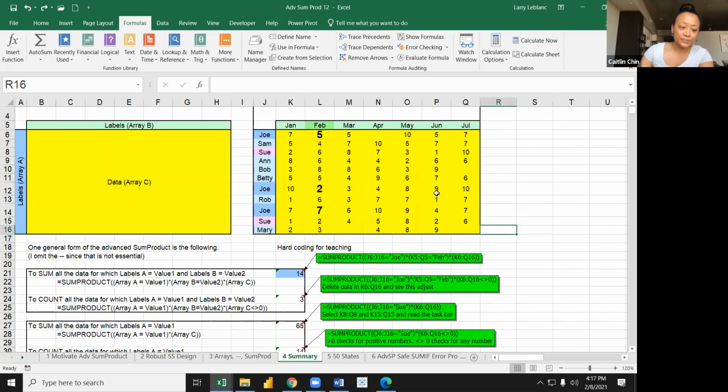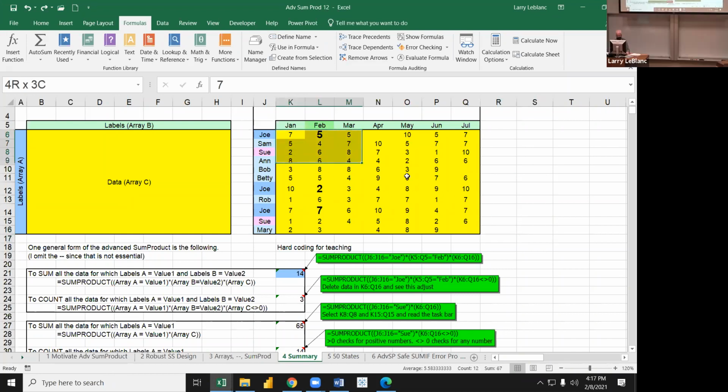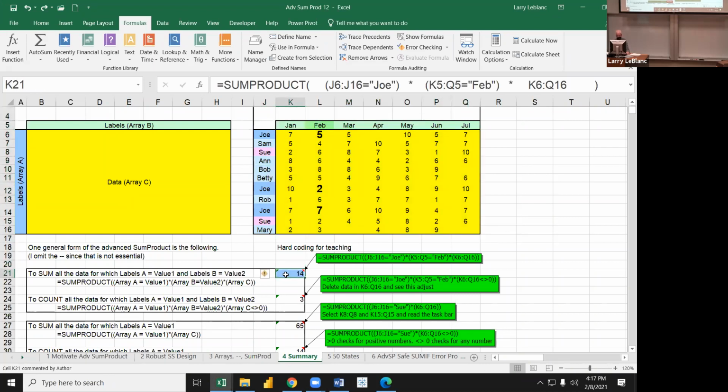Yeah, thank you. All right, so rectangular range of data with labels at the left and labels at the top. To sum all the data for which labels A equals value 1 and labels B equals another value, the formula is equals SUMPRODUCT, open parentheses, twice.